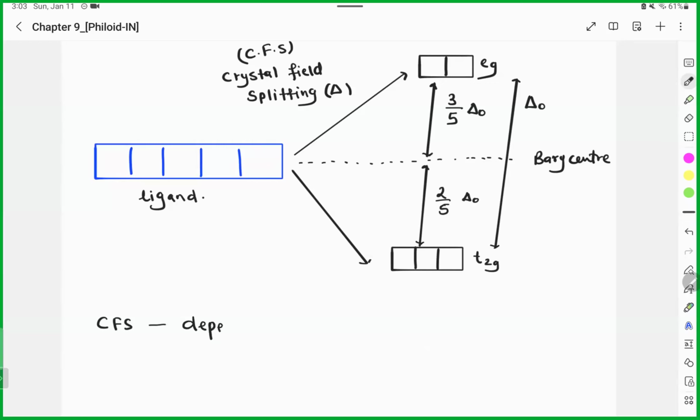Who will decide what this crystal field splitting level is? Did I tell you a story last time, Jordan and Sarah? Your voice is breaking, sir. Did I tell you a story last time? No, sir. Did I teach you this topic?